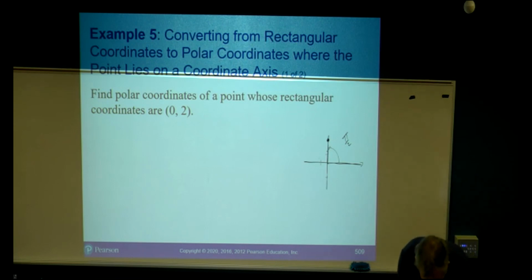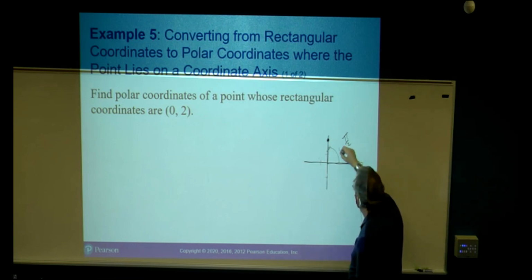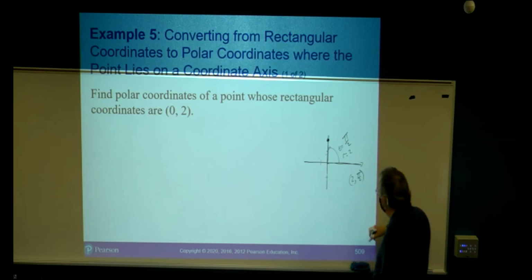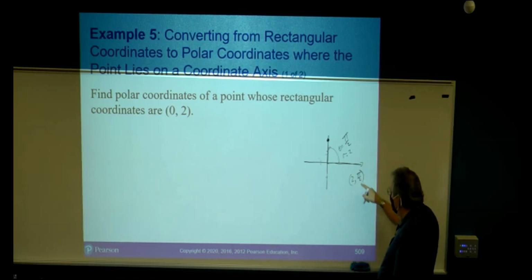So theta is pi over 2, and the radius is 2. So in polar coordinates, it is what I'm calling r, theta.